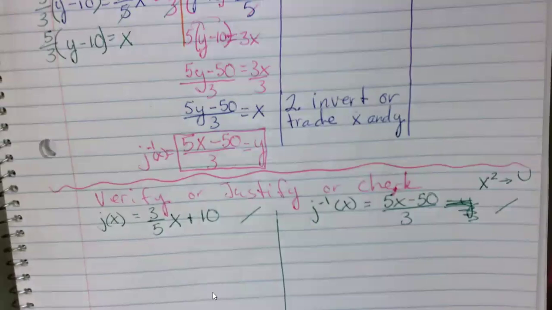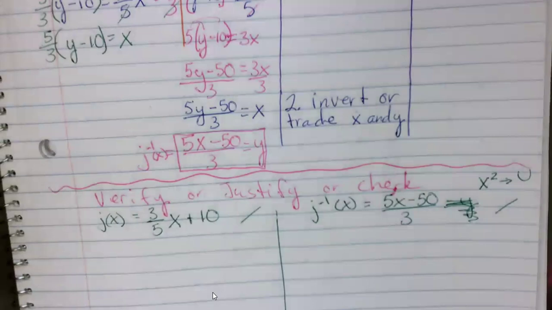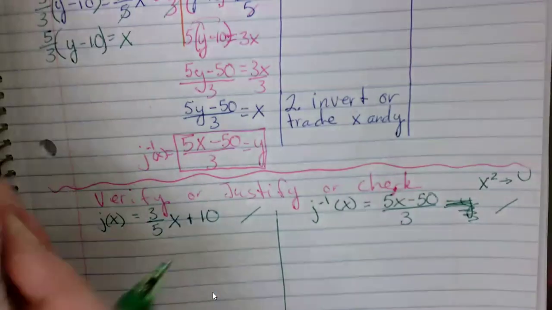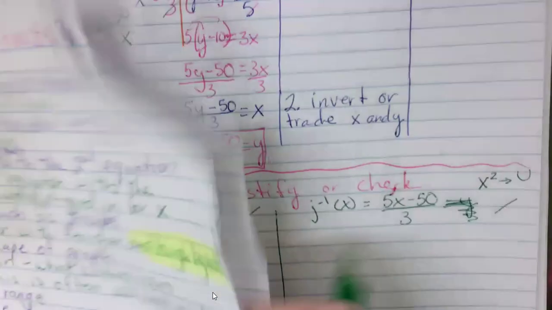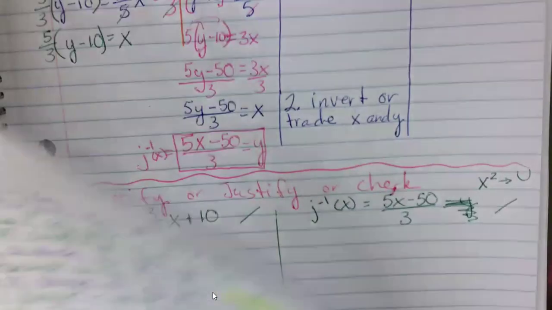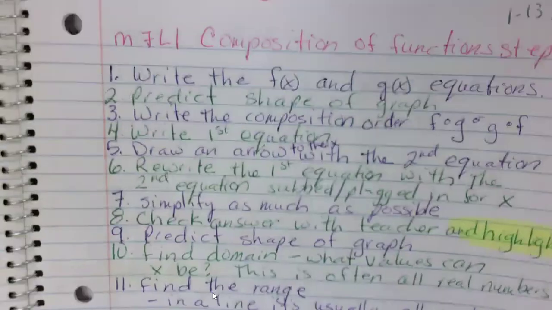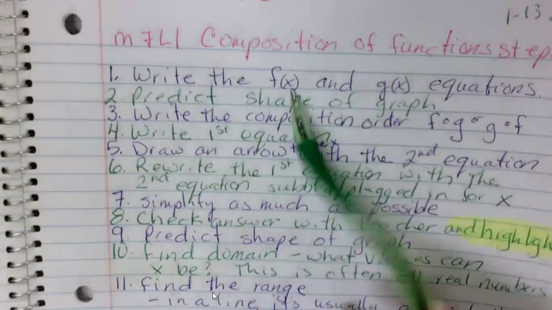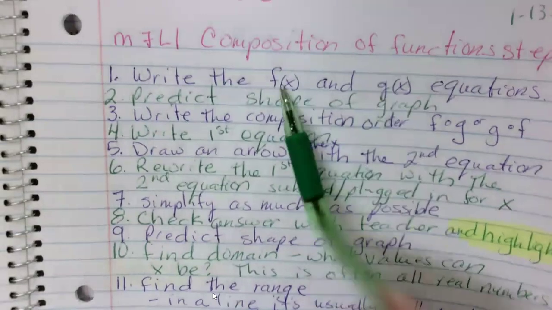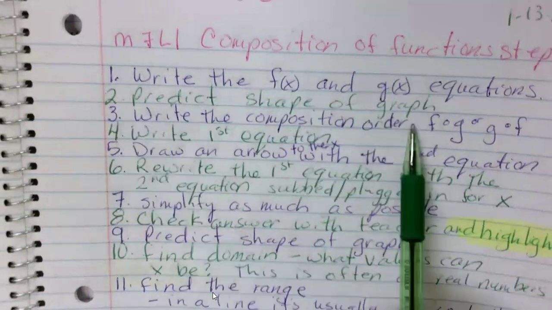I need to draw an x, right? I need to know what composition I'm doing. So what I'm doing is just going through these 14 steps that we wrote down last week, right? I wrote down the f of x and the g of x, which in this case is a j and a j negative 1. Predicted the shape of the graph.